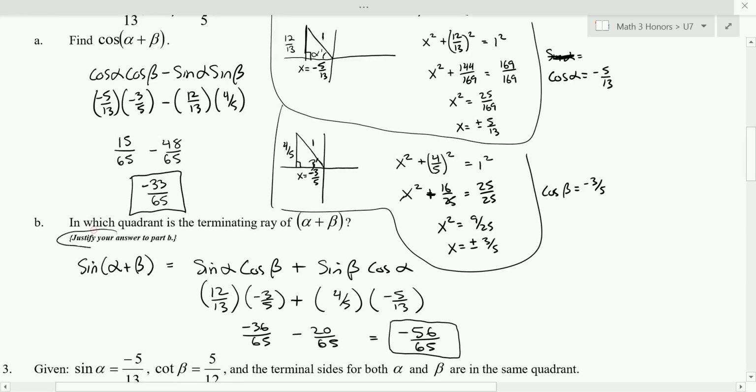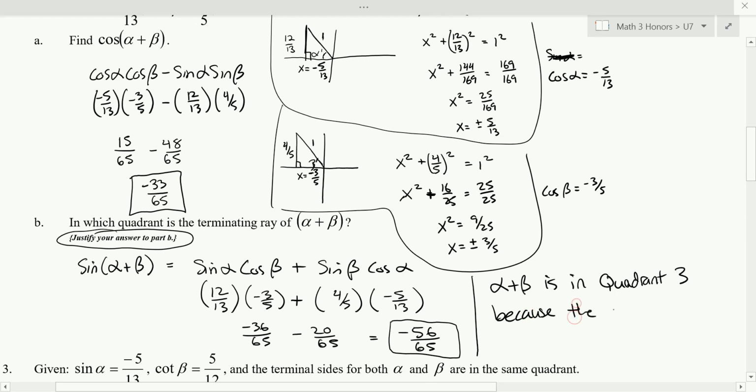So our justification says, justify your answer to part B. Our justification is going to be: alpha plus beta is in quadrant 3 because the sine of alpha plus beta and the cosine of alpha plus beta are both negative.